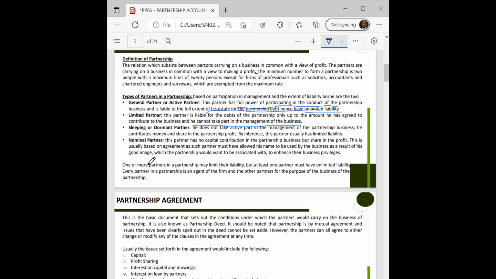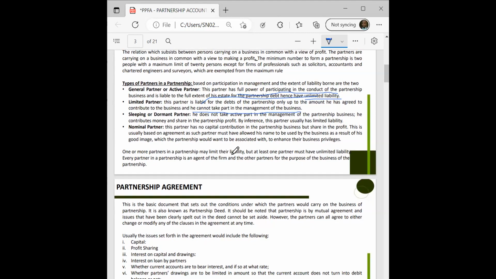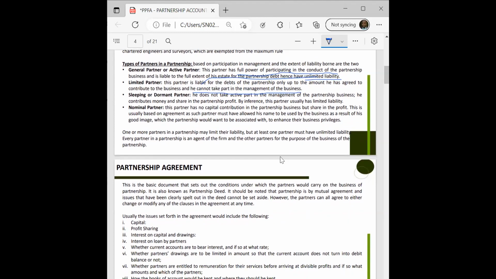So it might just be that you're saying, can I use your name to establish one in my country? And they say, go ahead, but you will be sharing from the profits that you are making. That will make them what? A nominal partner.